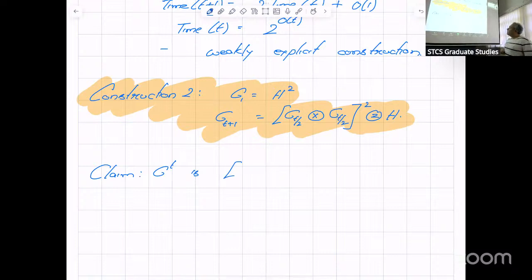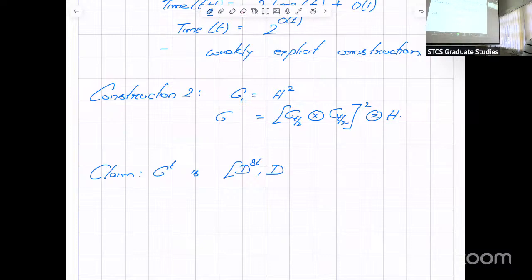G t, I want to claim, is a d power 8t size graph.